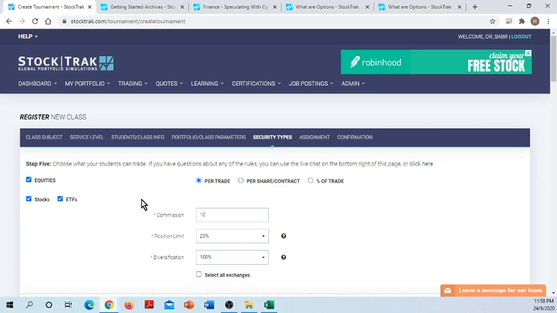So in my case, if students are going to trade equities, I want them to be charged 0.15% as a commission, and the position limit here will restrict your students from placing all the cash in this type of asset class, so you can control that.